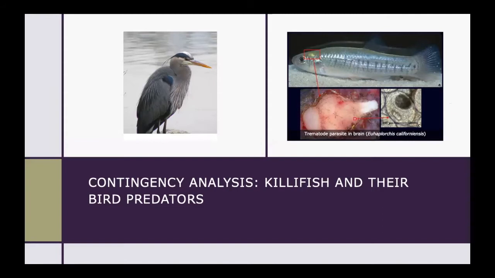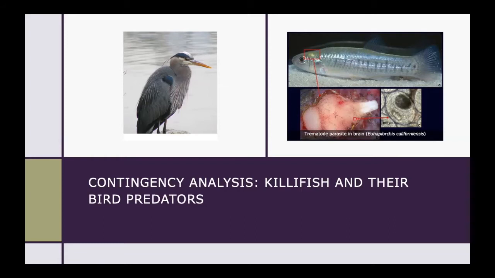Now, for most of the remaining part of this video, we're going to focus on an example of a really interesting experiment trying to test whether infection with a trematode parasite in the brain of killifish influences their susceptibility to predation by birds.